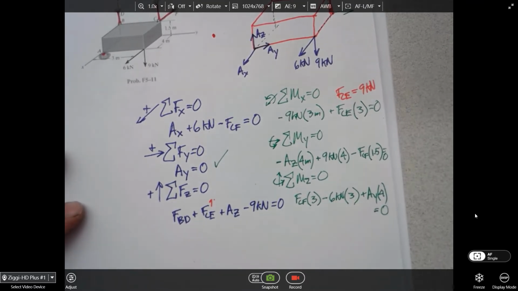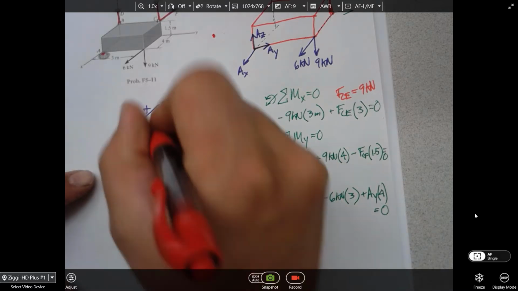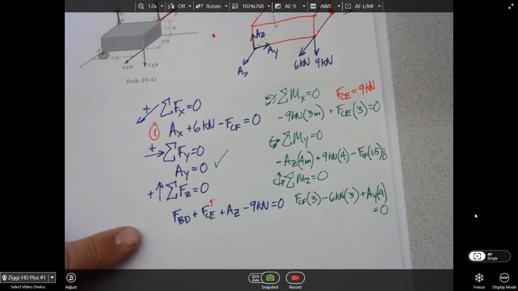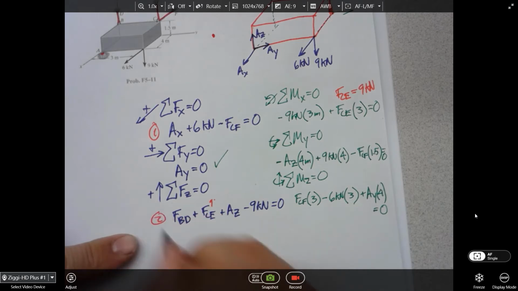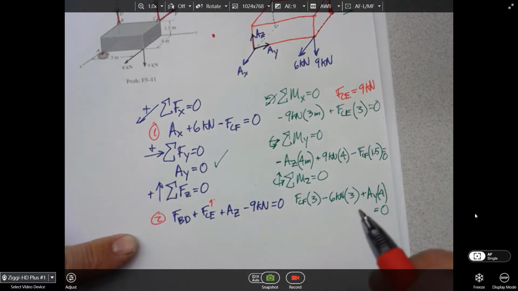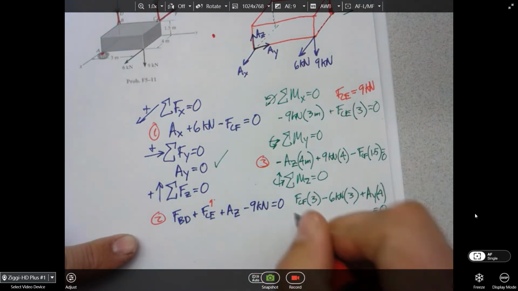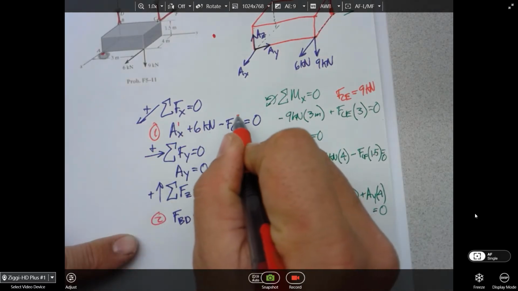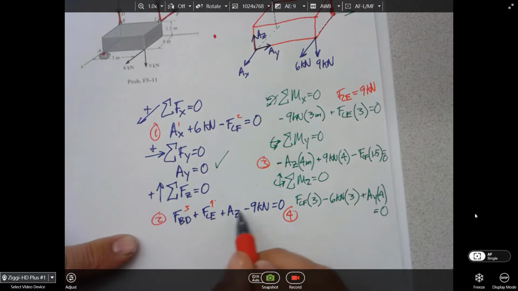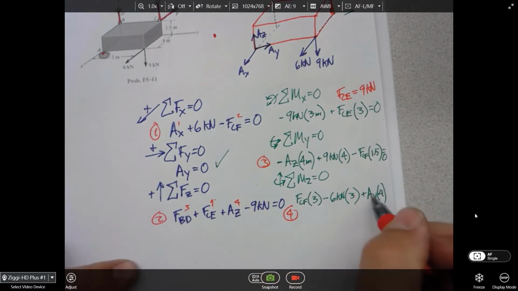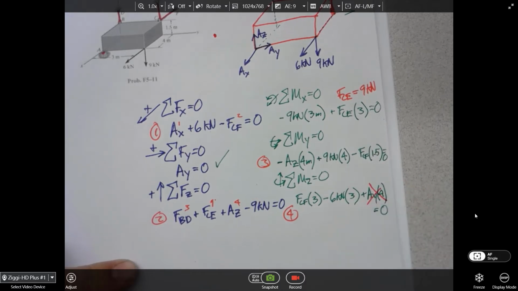So we're left with these equations. Let's see, I think we have one. Do we need this? Do we know FBD yet? No. Nope, so we'll need to solve that one. We know that one. So 4 equations, and it looks like we've got 1, 2, 3, 4 unknowns. Oh, AY we know is 0 though, so we could take it out of this one.